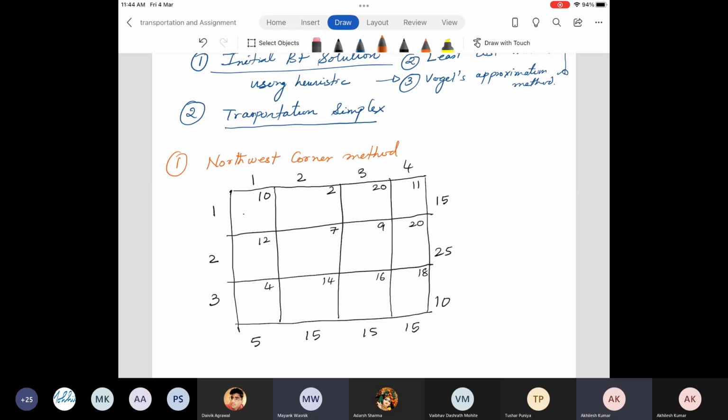I do not know what your silence means. So I have maximum 15 I can supply from 1 to 1, but I have demand only 5. So how much should I allocate to this cell? 15, right?